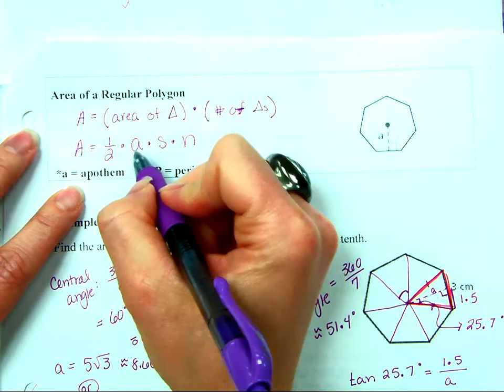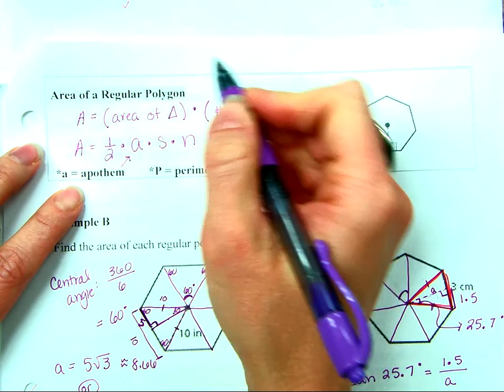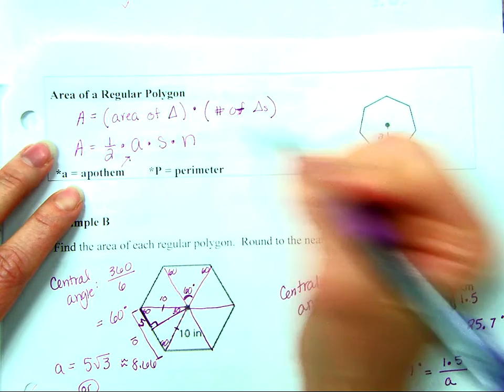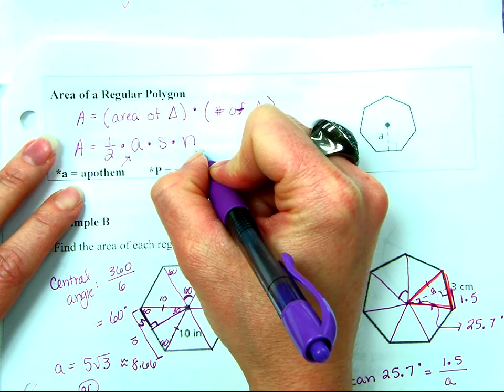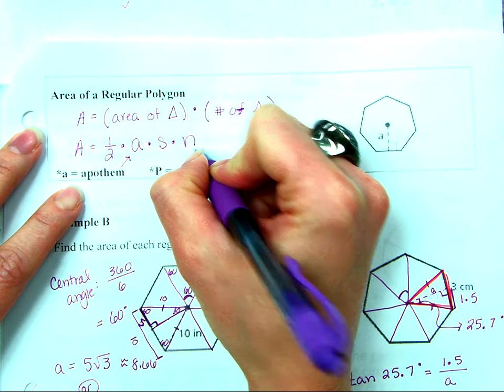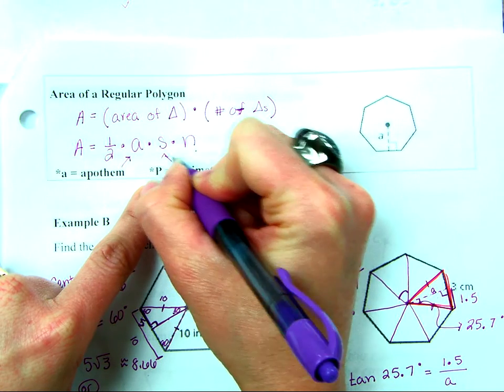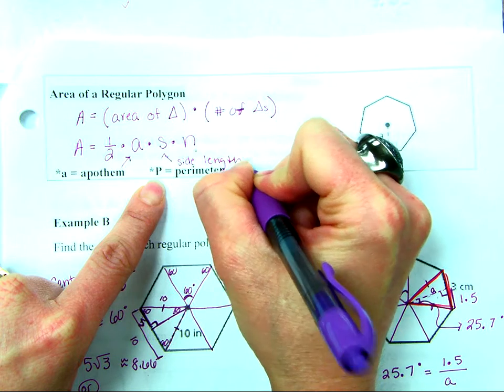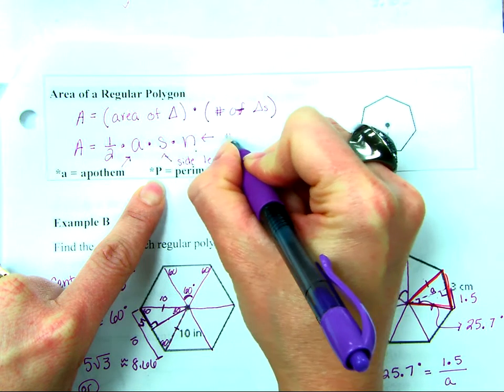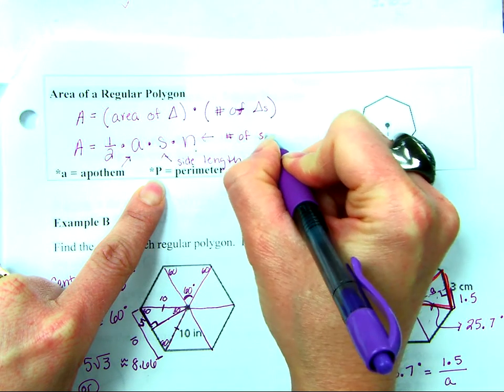Well, A would be the apothem, S would be the side length, and N would be the number of sides.